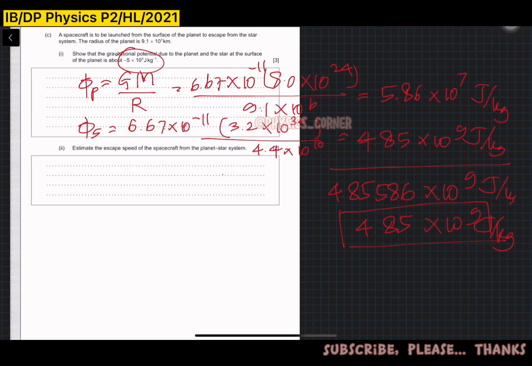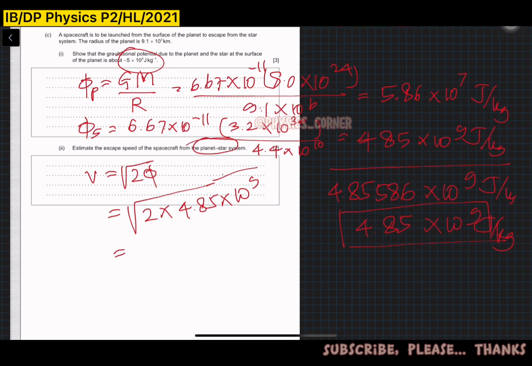Okay, estimate the escape speed of spacecraft from the planet star system. We escape with the root of 2 times the potential. Root of 2 times 4.85 times 10 to the power 9.